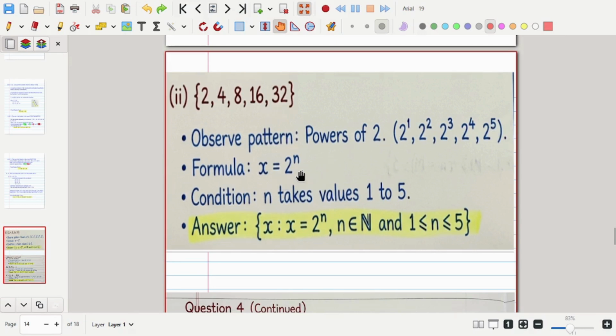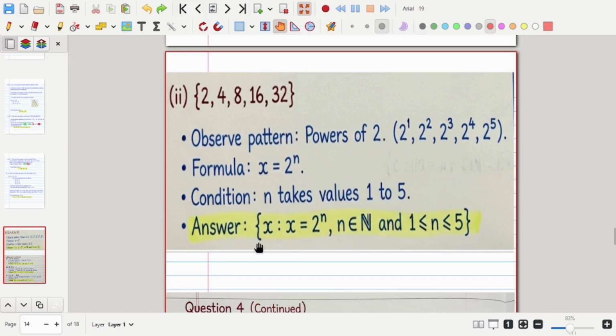So the formula is 2 raised to n, where x is 2, 4, 8, 16, 32 and n is 1, 2, 3, 4, 5. So the condition is n takes the value from 1 to 5 and these 1 to 5 are natural numbers.